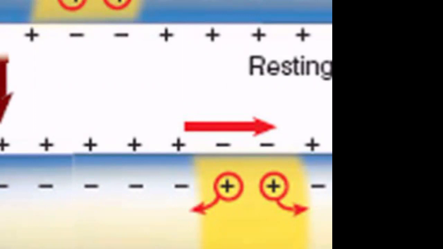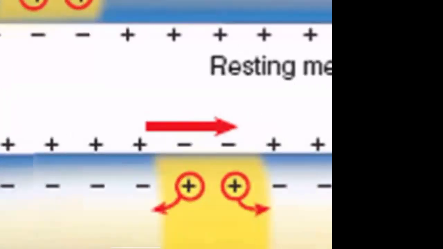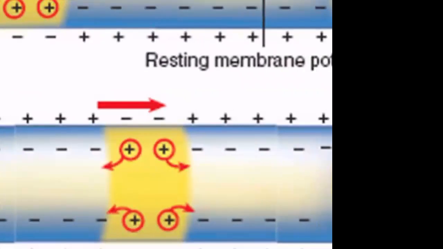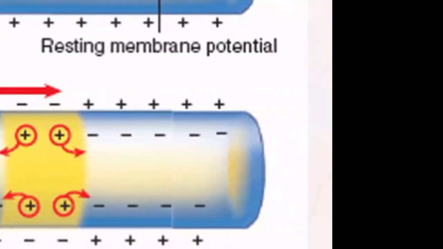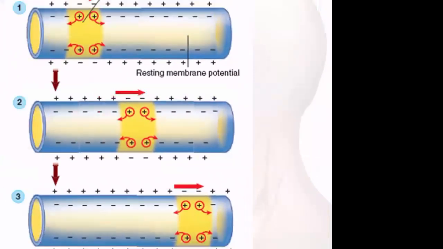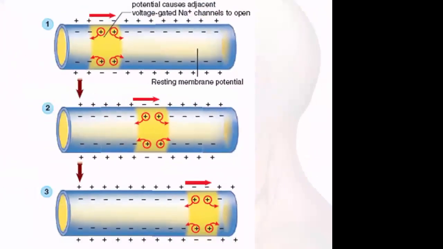However, that briefest of moments is enough to cause these positive charges to move in and not allow these to move in. So that means the signal is going to continue following that red arrow, going in that direction. That's the refractory period. And that's an important component in maintaining this unidirectional signal.